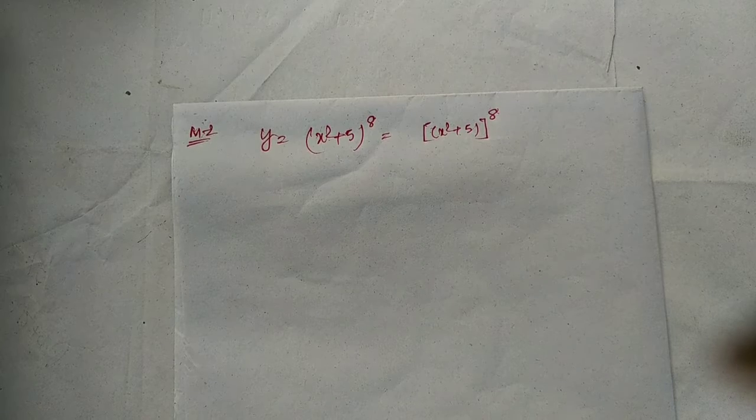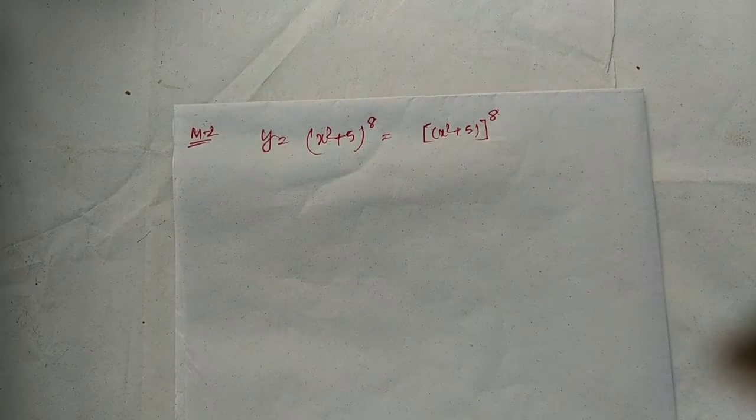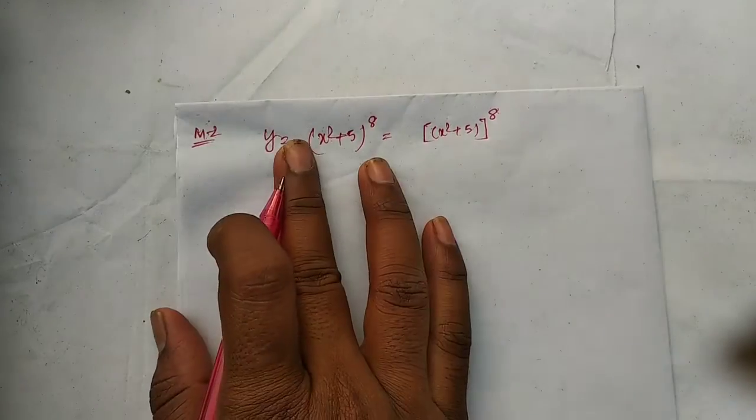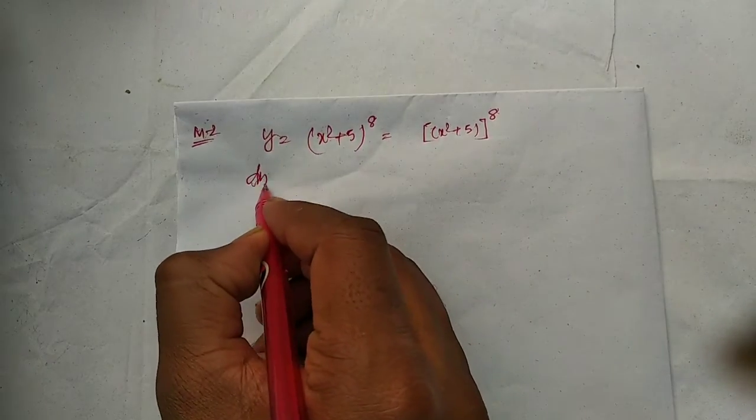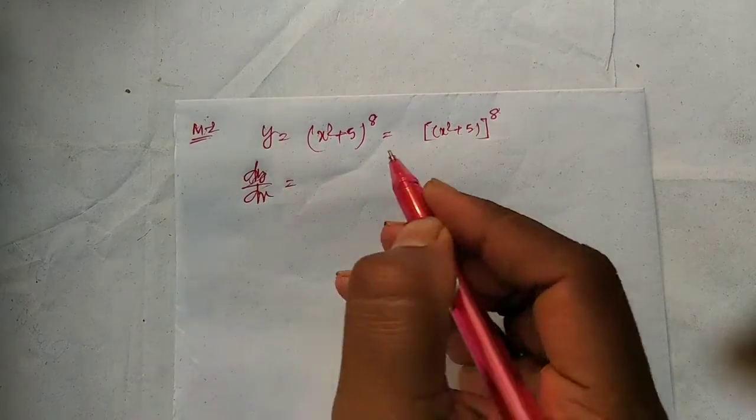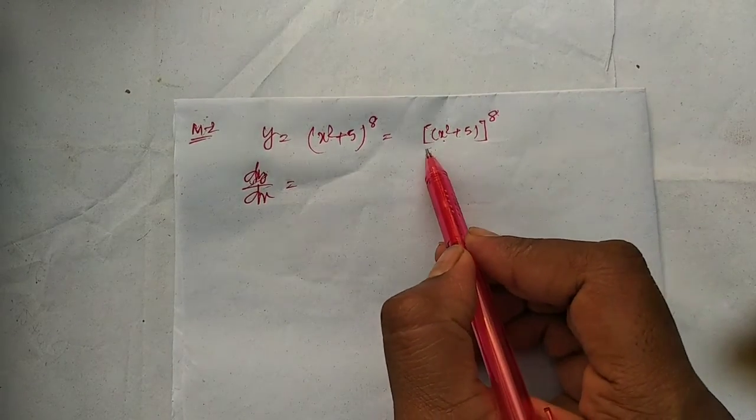First we differentiate the large bracket with respect to the small bracket, then the small bracket with respect to x. The small bracket must be a direct function of x, that is the condition. Otherwise we have to take one more small bracket. Let's see how I am solving. dy by dx will be, directly, the derivative of the large bracket.